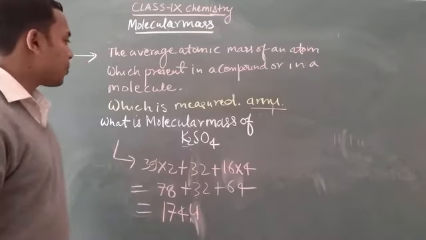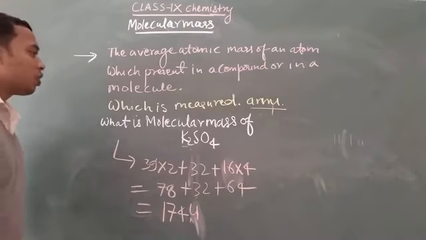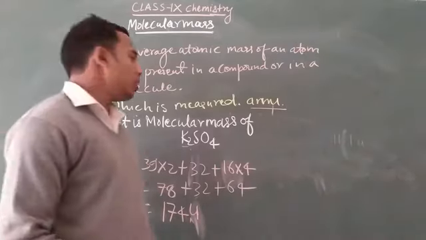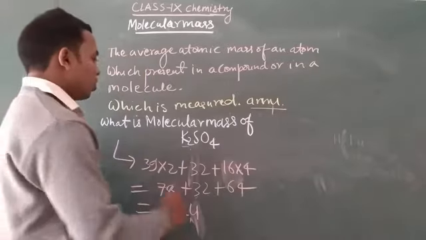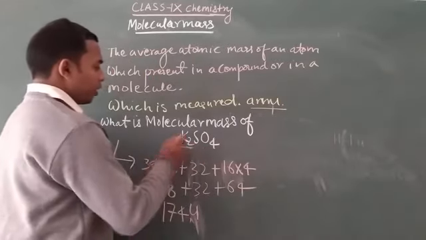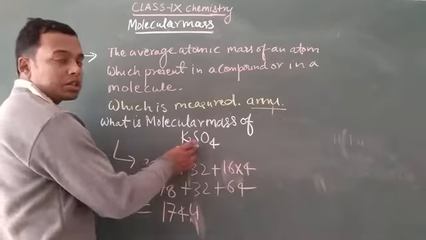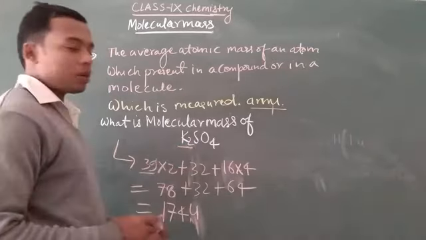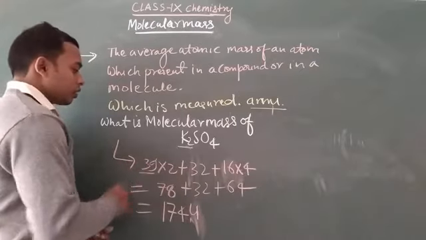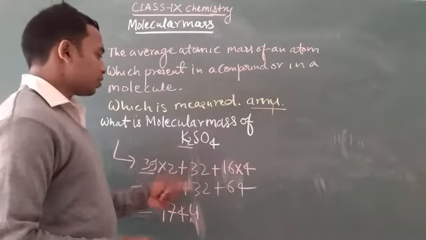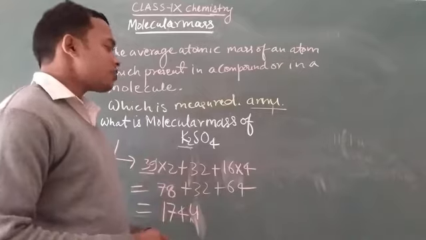In this way we have calculated the molecular mass of any molecule. The atomic mass of one potassium atom is 39 and here 2 potassium are given, so we multiply 39 into 2, then 32, and then 16.